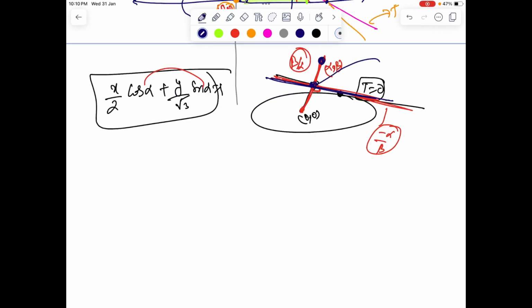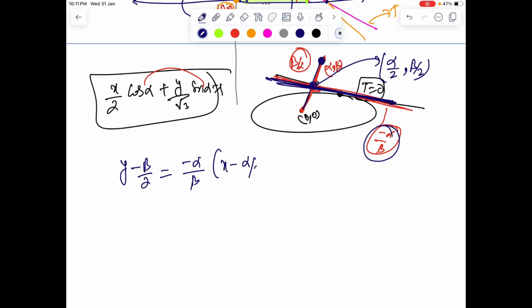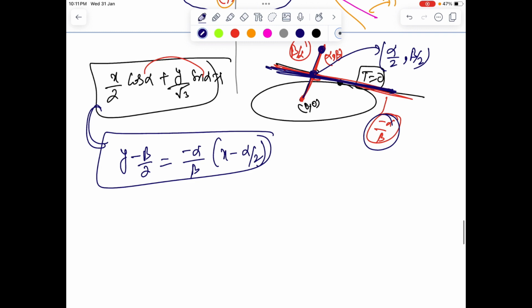Also find the equation of the same tangent line using this alpha, beta, because the midpoint is going to be alpha by 2 comma beta by 2. Hence the equation is y minus beta by 2 equals slope, where the slope is minus alpha by beta, times x minus alpha. Now we know both equations must be identical, so we take the ratio of coefficients to be equal.